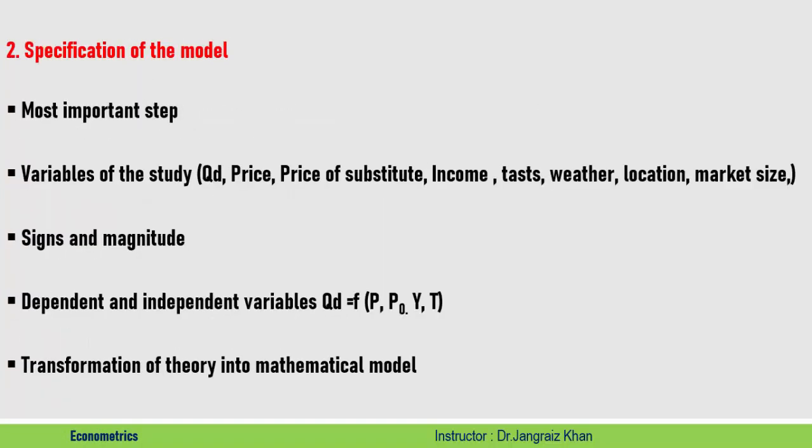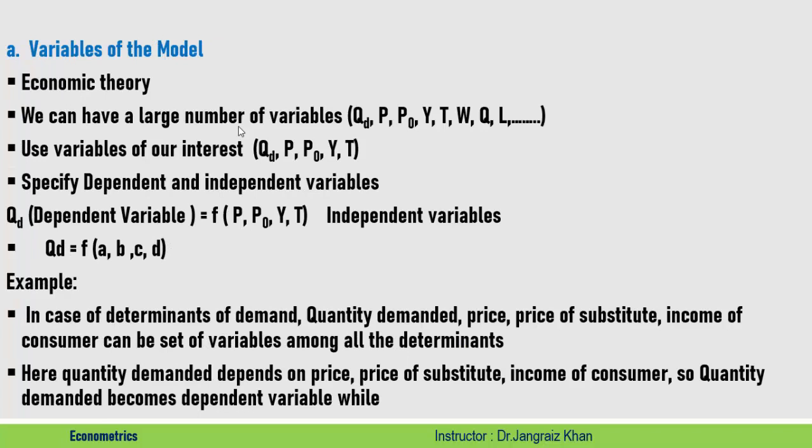So these are a few steps of the specification of the model, that is what we do in the specification of the model. It means to identify the variables included in the model, take the variables of your interest, then specify which one is the dependent variable and which one is the independent variable, and then transform the theory into mathematical form.